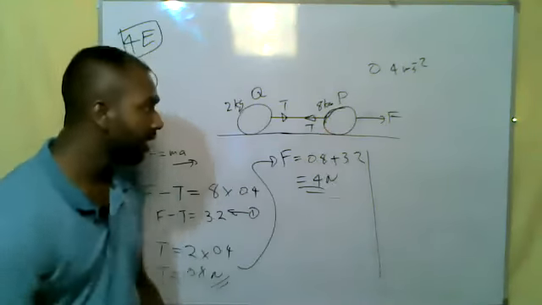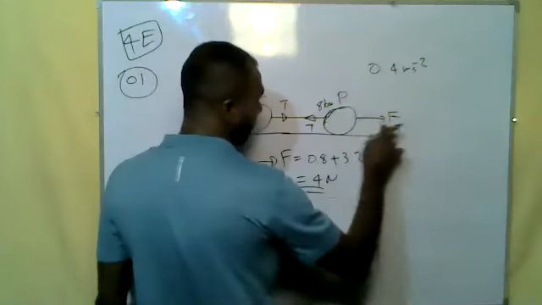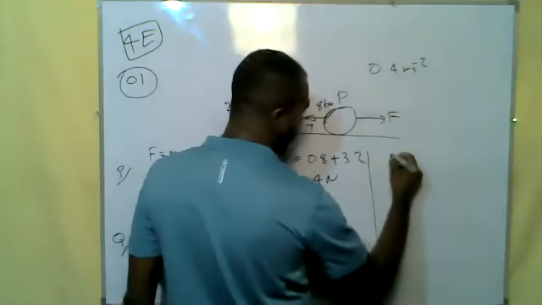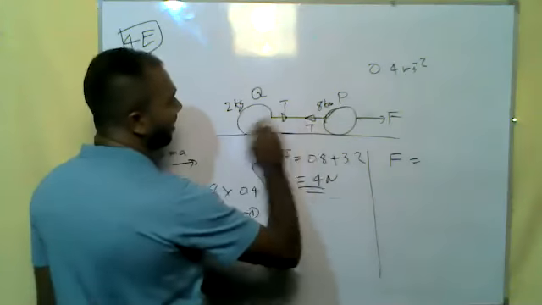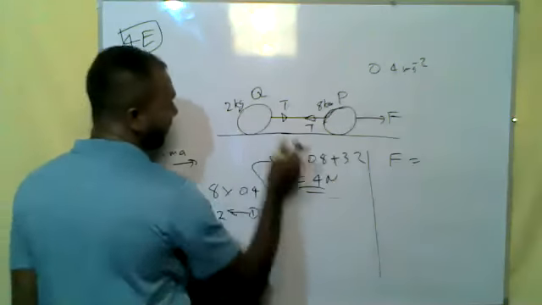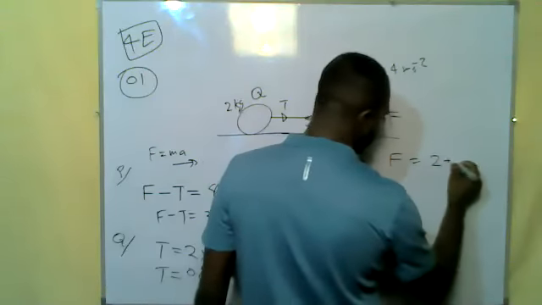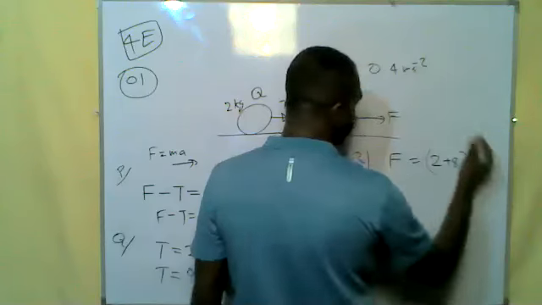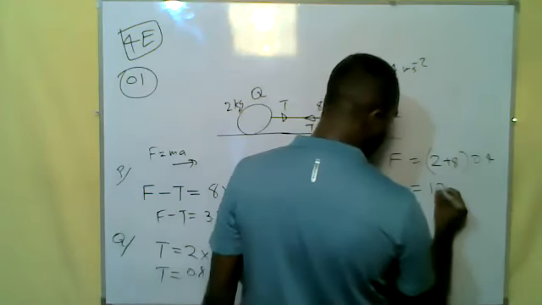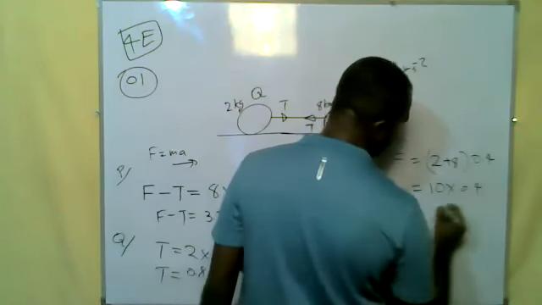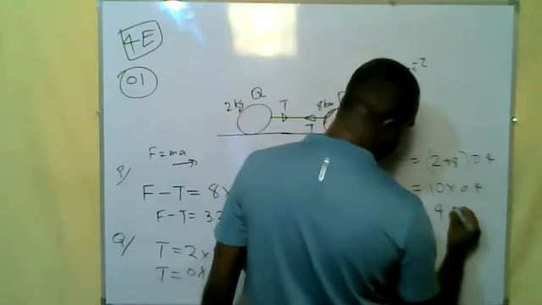So the only external force is F, which equals the mass of these two, 2 plus 8, times acceleration 0.4. That is 10 times 0.4, and straight away we get 4 newtons.